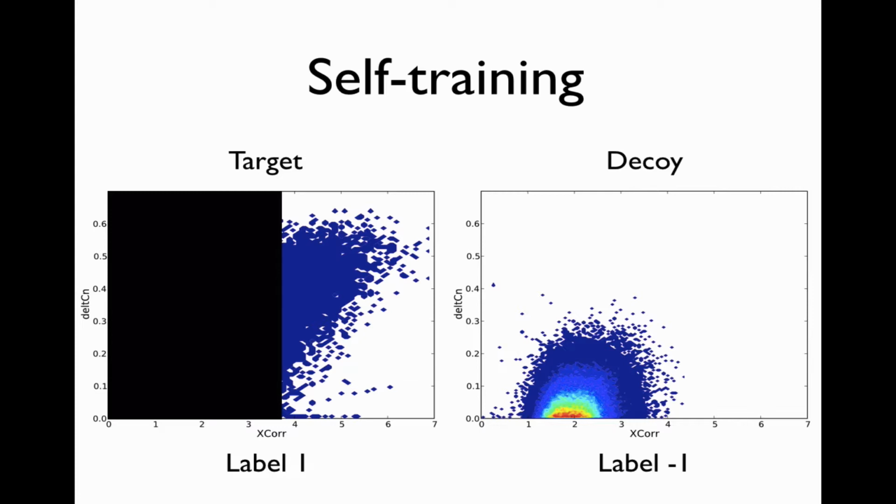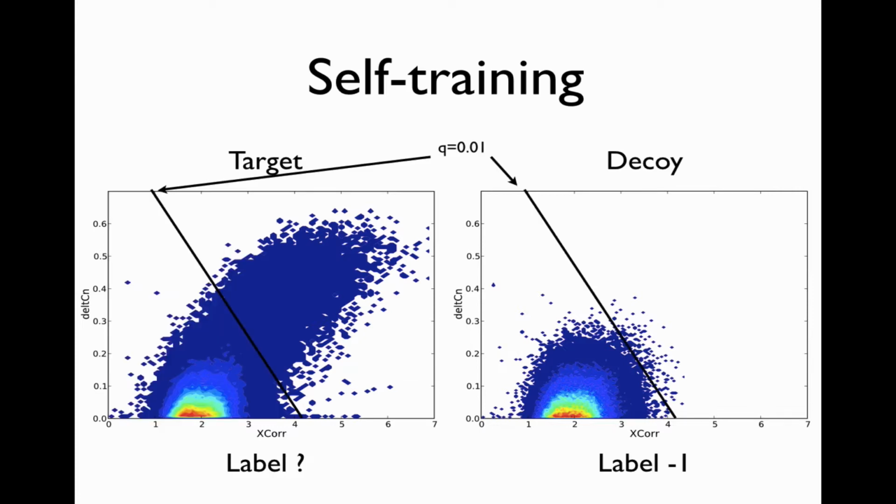given this, we can train, in our case, a linear support vector machine to design a better scoring function that will optimally combine the XCorr and delta-CN parameters for the given training set. This will give us an increased number of identifications above the score threshold.